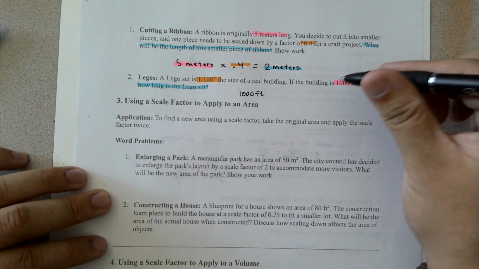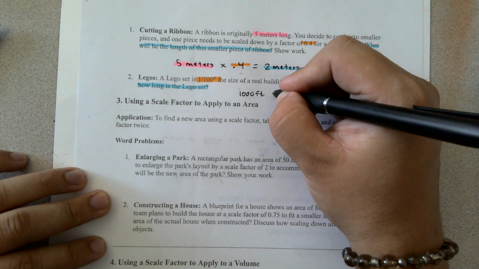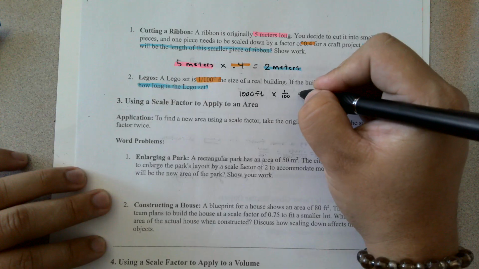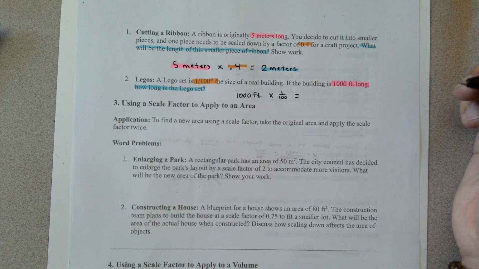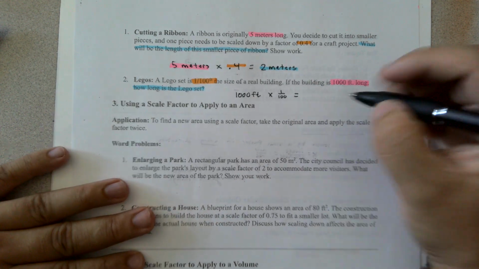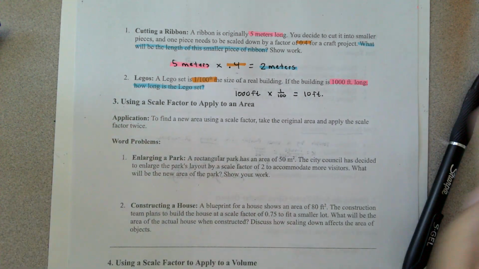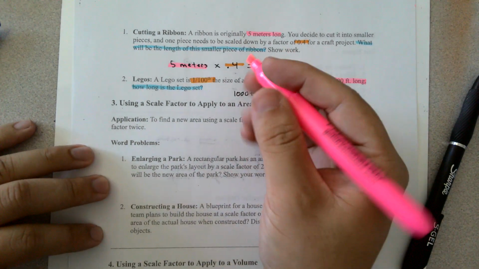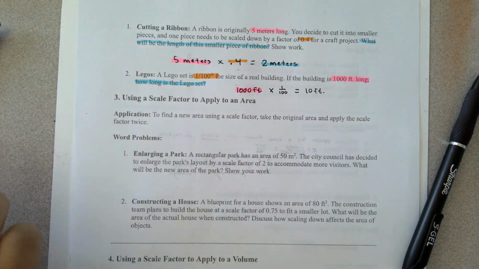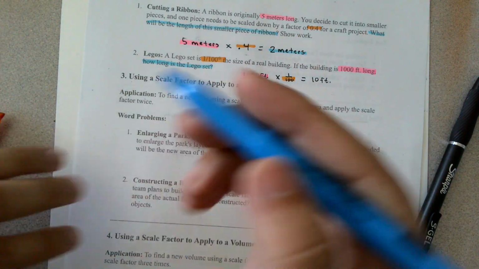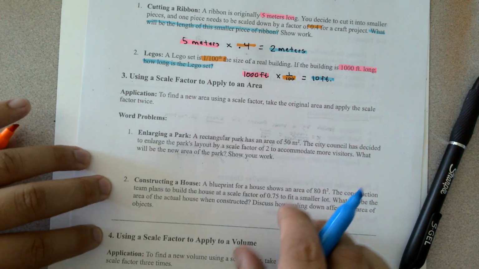It's a length, so we're only going to multiply by the scale factor once, so times 1/100. This will give us the length of the Lego set, which is 10 feet. Pre-image in pink, scale factor in orange, image in blue.